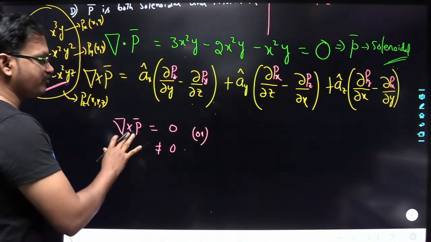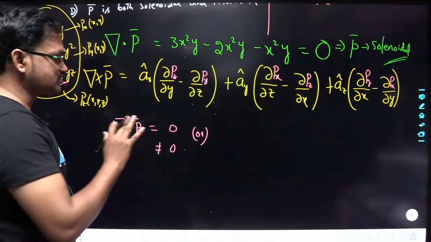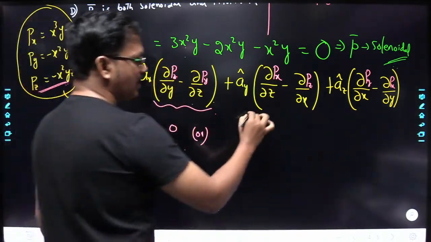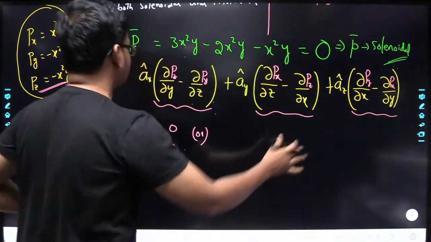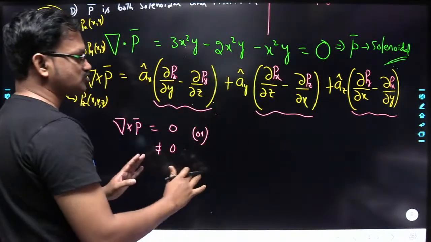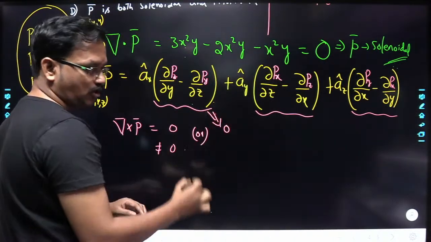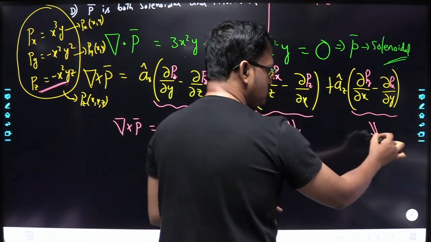See, if curl of vector field is equal to 0 here, then what is the meaning of that? So this is the x component, yes or no? This is the x component, and this is the y component, and this is the z component. So for this curl to be equal to 0, this x component must go to 0, this y component must also go to 0, and this z component must also go to 0.